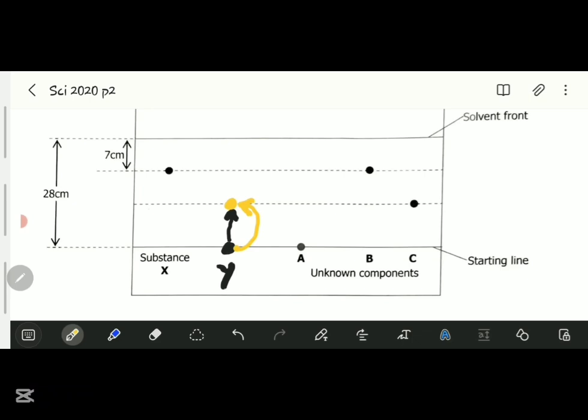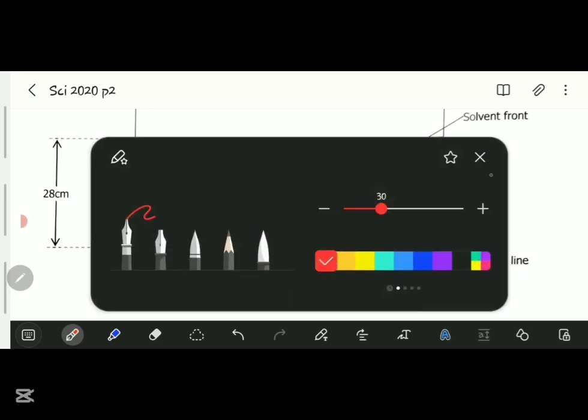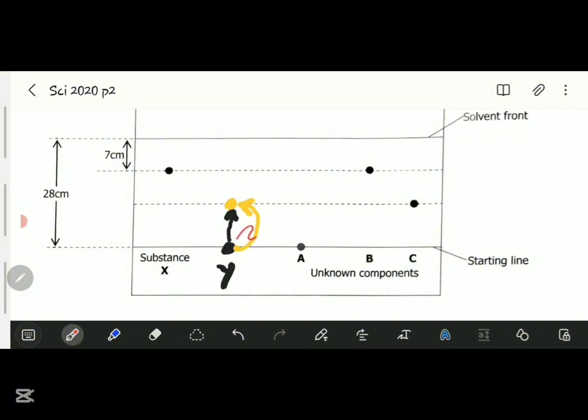We now search for another substance which is in the same line. So we just draw a line, and if we find a dot in that line where Y is, then that substance is contained in Y.